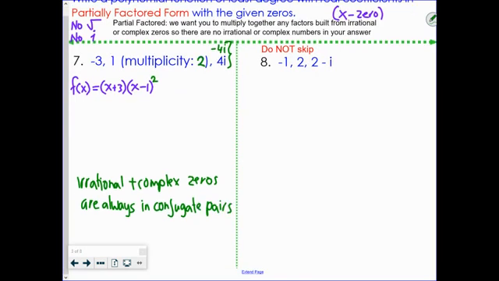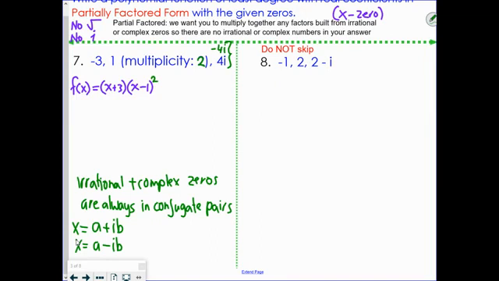So, for instance, if you had something complex like a plus ib, its partner would be, if you had x equals that, you would also have x equals a minus ib. It comes from the square root part, even if it's the square root of negative 1, always comes in plus minus.